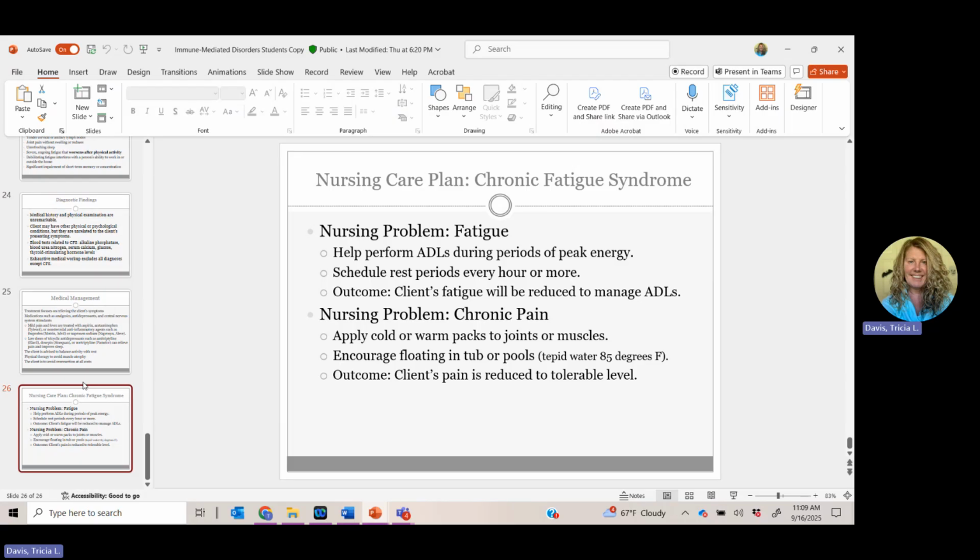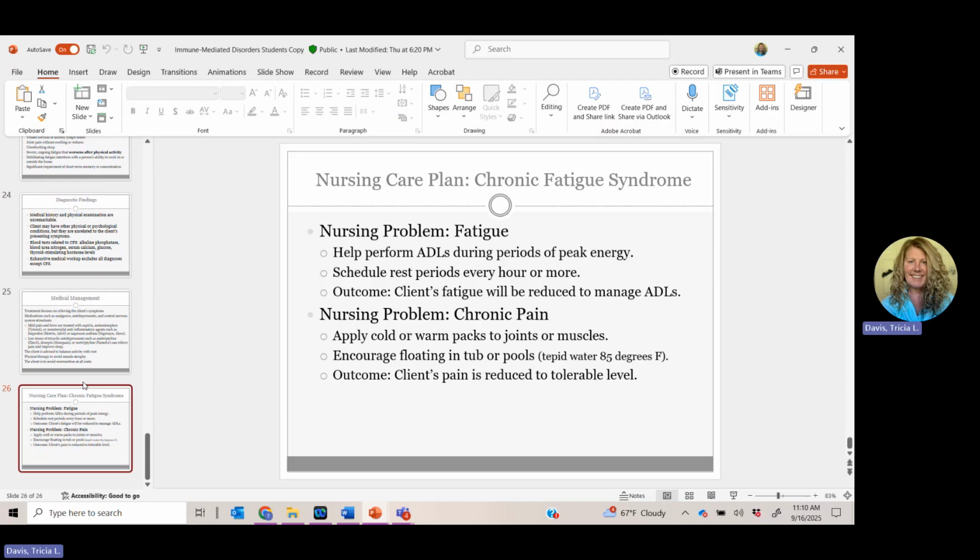For chronic pain, we can apply cold or warm packs to those affected joints or muscles, encourage them to float in a tub or a pool. So we don't want really, really hot temperatures for this. This is important. So hot tubs, things like that, too hot. This can further exacerbate the body and put the body at a state where they can develop even more symptoms.